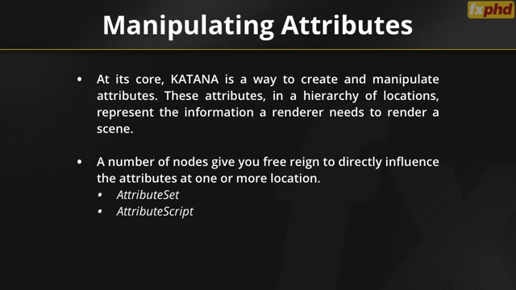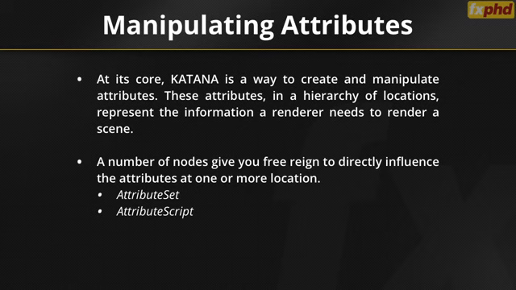Now, the final thing to talk about is the manipulation of attributes. And at its core, Katana is a way of really creating and manipulating attributes. And this comes down to the whole recipe idea. It's basically a recipe of information, or a bunch of nodes that are controlled, changed, manipulated, and then at the end of the day, once all those have been set, the render then is spat out.